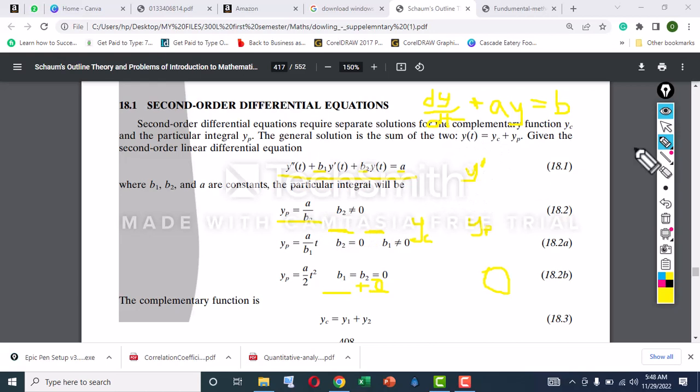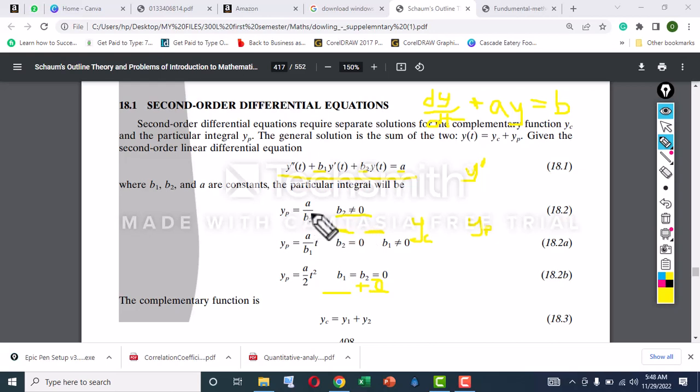So the particular integral is basically y of p equals a over b2. This a divided by b2. That is just how to find your particular integral, as short as that. But that is if only b2 is not equal to 0.